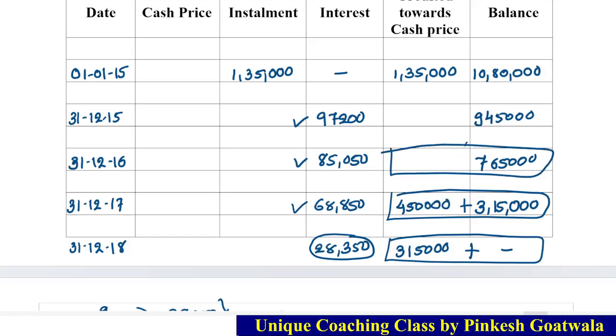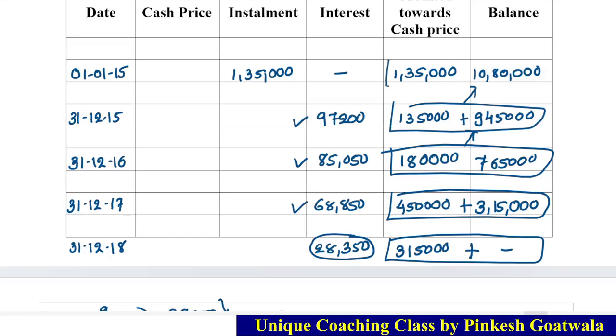Then the total of both will be 945. So from 945 we will subtract 765, you will get 180. Then here the total of both will be 1080. So from 1080 we will subtract 945, you will get 135. Clear? The same point as we saw previously, the same to same point comes in the previous sum.